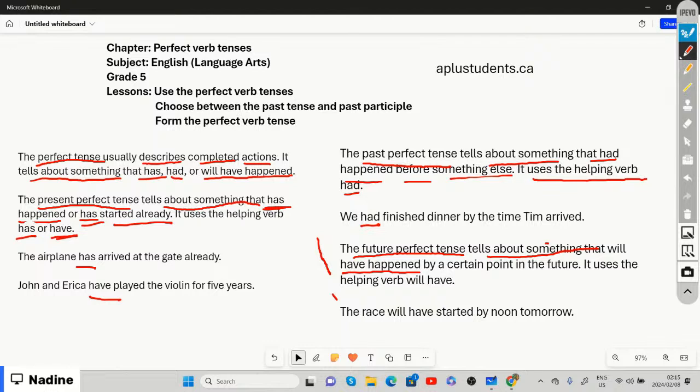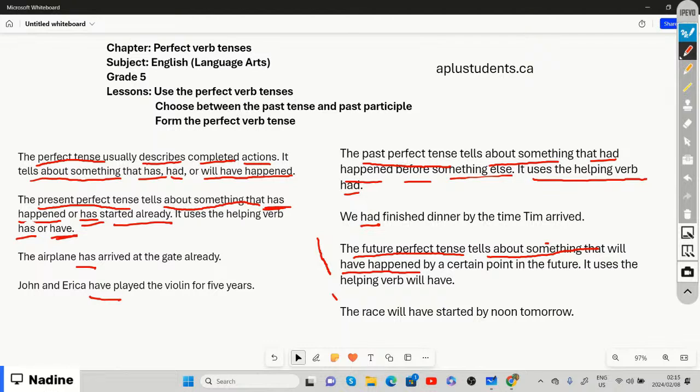And if we look at an example of the future perfect tense, we say: the race will have started by noon tomorrow.